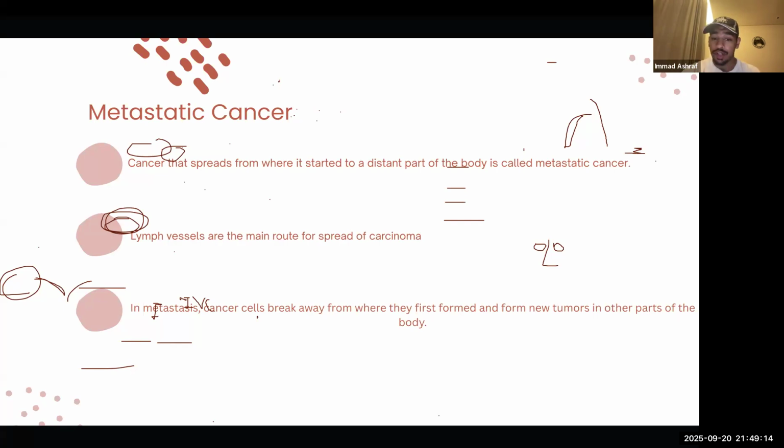The lymph nodes are the first part of the body to be affected, and this is an early sign of metastasis. Now, if the lymph nodes don't catch it and don't remove this cancerous cell, it will move to other parts of the body. Let's say it moves to your kidney or your liver. Now this cancer cell is going to grow there, and this is going to be a secondary tumor. This is not the main tumor. The main tumor is in the ovary. This whole process is called metastasis.